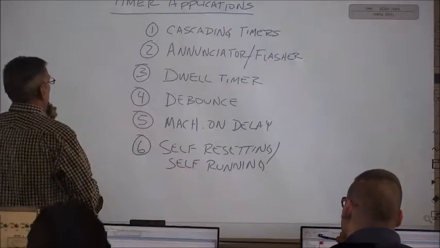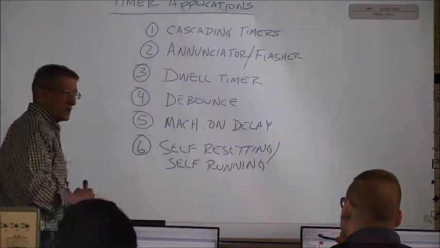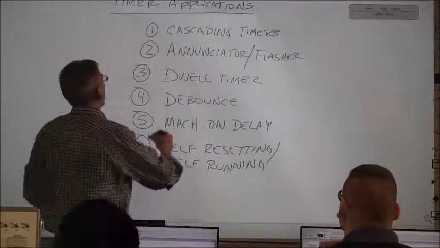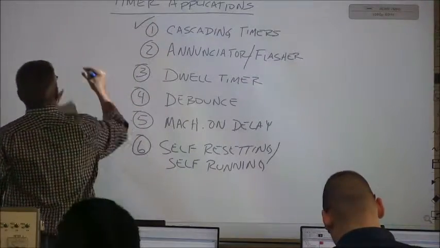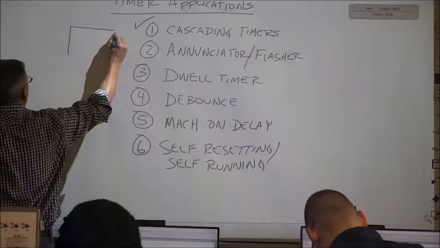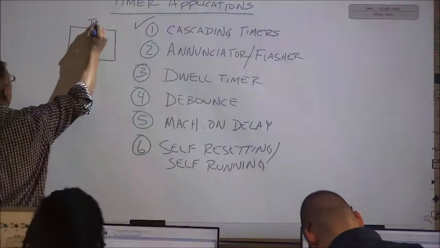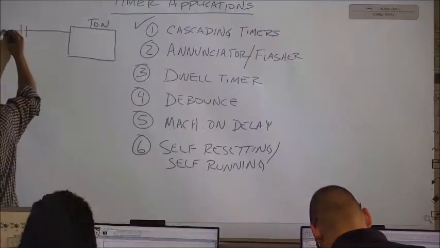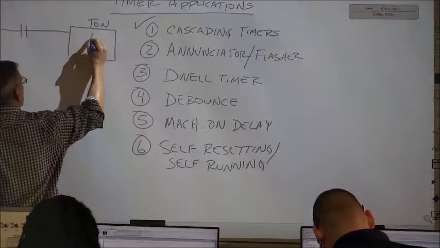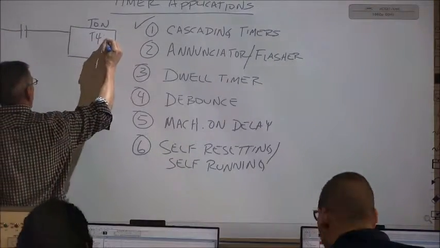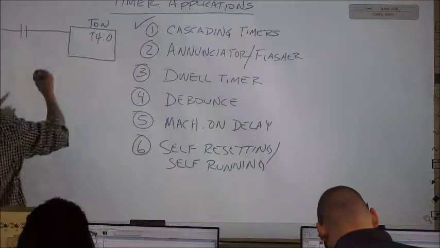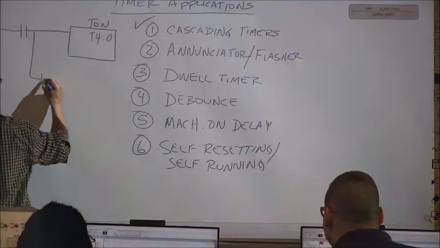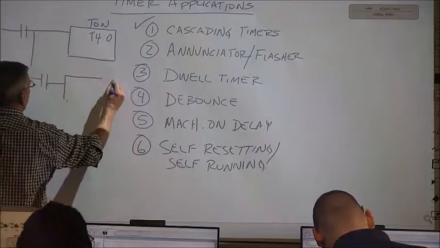Cascading timers. So when we cascade timers, and this is in the book, we set up a timer. Generally, this timer has reached its maximum value that it can time, so we add in another timer.